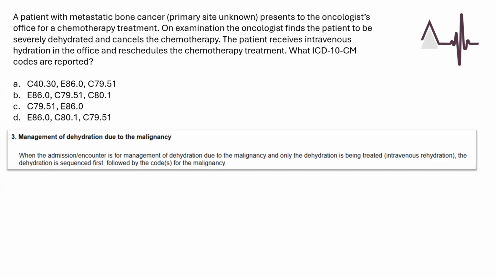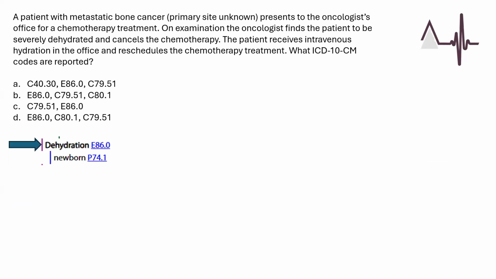In the ICD-10 alphabetic index, look for dehydration, and we're directed to E86.0. Since we know this code must be in the primary position, this eliminates A and C.